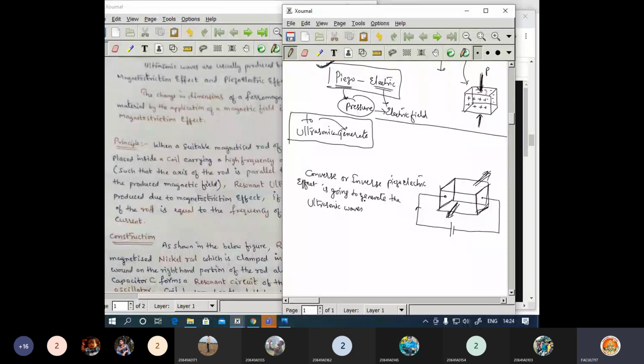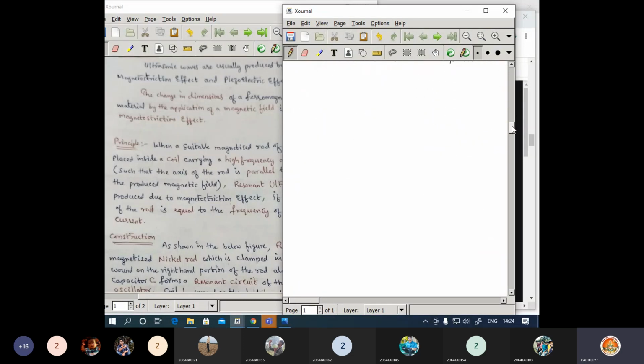Now what we are going to do, we will take a piezoelectric crystal and place it under a variable electric field. This is a crystal, and this is the upper plate and the bottom plate.